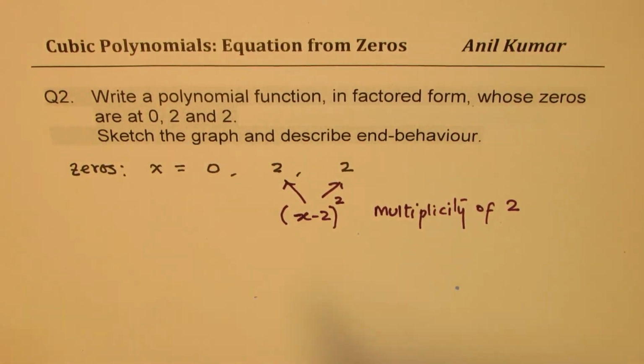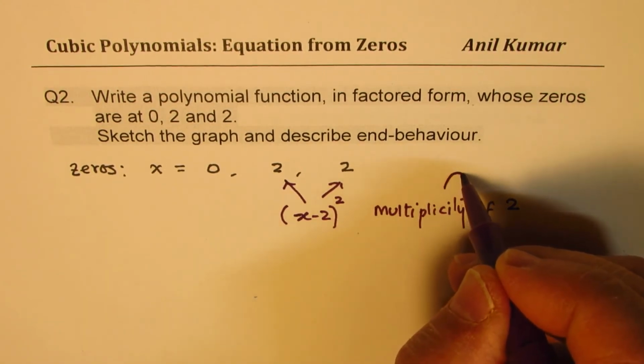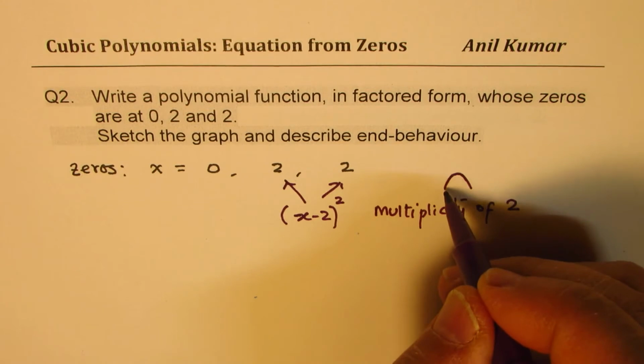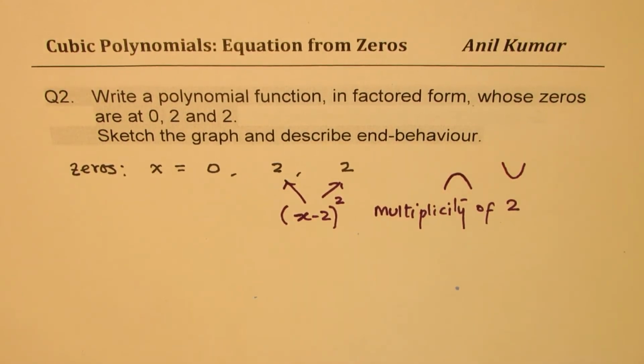You get the idea. So at this point, the curve of the function at the intercept will turn. Because it is even multiplicity, the graph will turn. Right? Now here we are not given the leading coefficient.